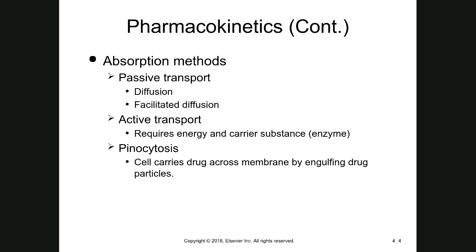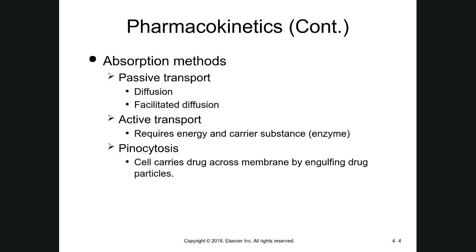Active transport requires a carrier, such as an enzyme or a protein, to move the drug against a concentration gradient, and ATP, which is the energy, is required for that active transport absorption. Pinocytosis is a process in which the cell carries a drug across the membrane by engulfing the drug particles in a vesicle.